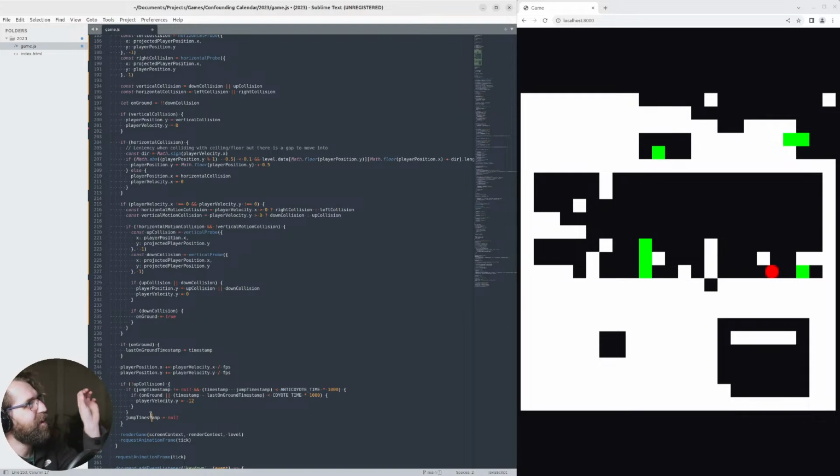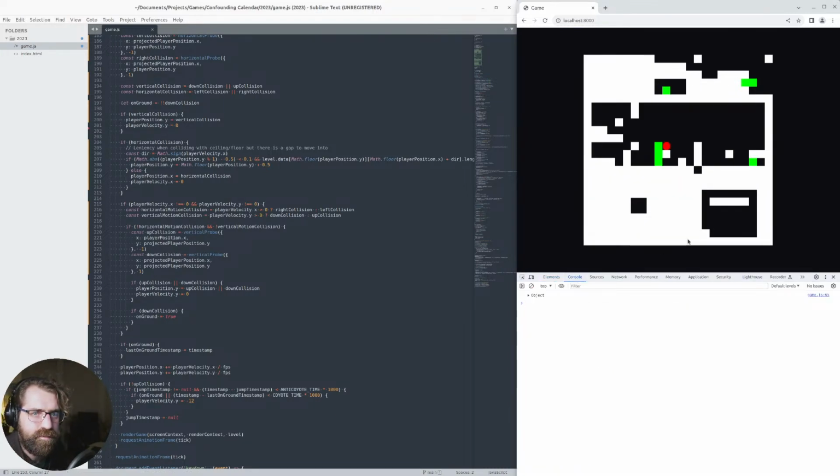Oh no, do I want leniency with landing on the floor? Maybe. Oh no. Okay. That's still not going to fix it. Let's look at my log. What do I need to log? Jump timestamp set, it's not jumping.